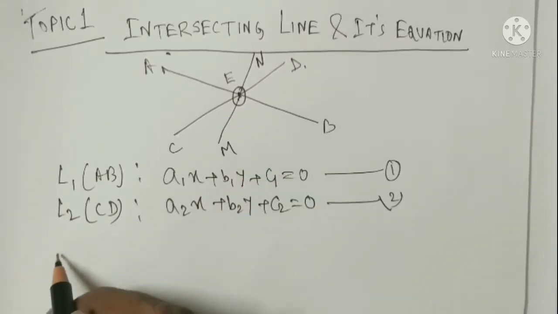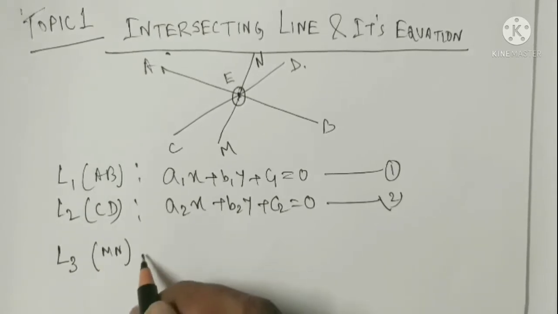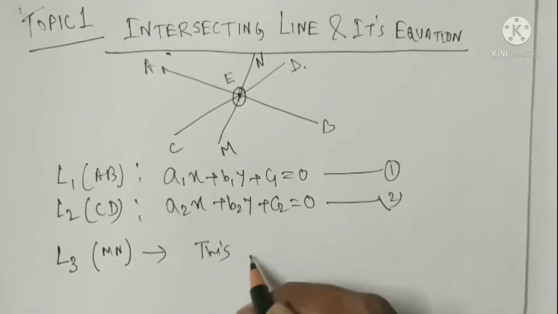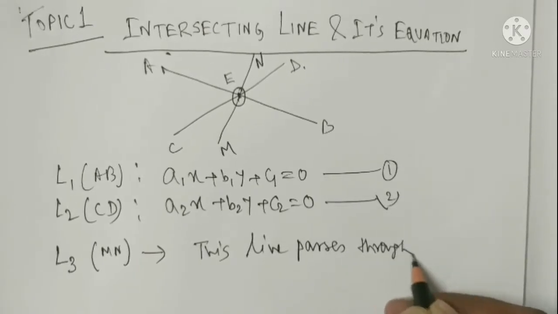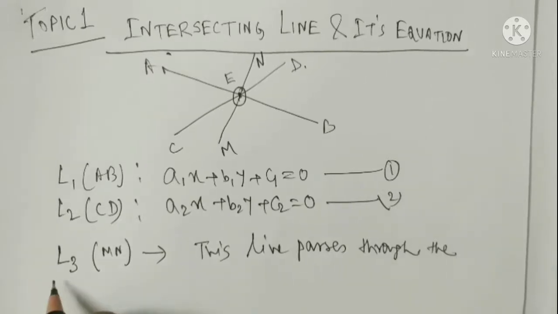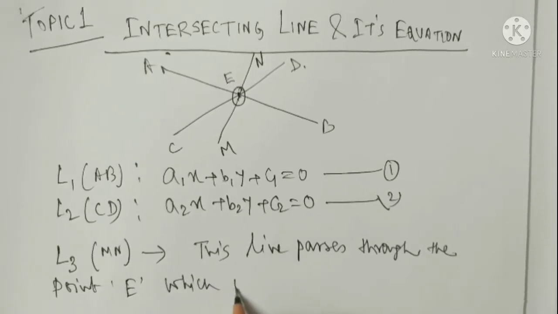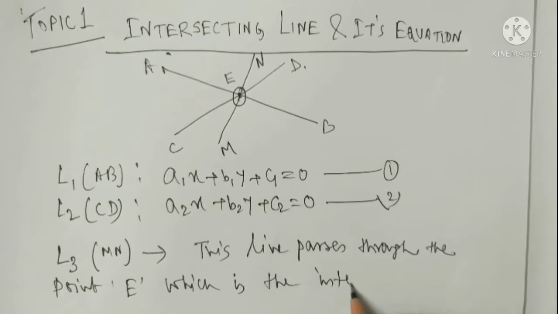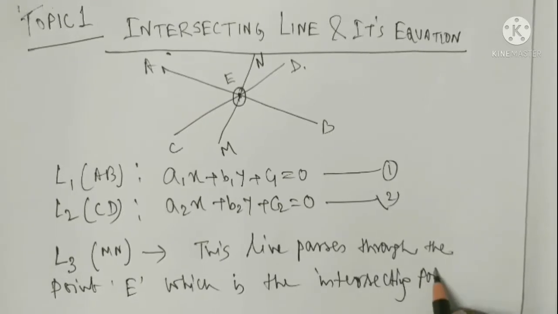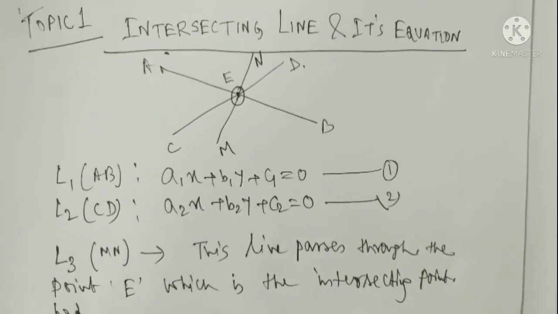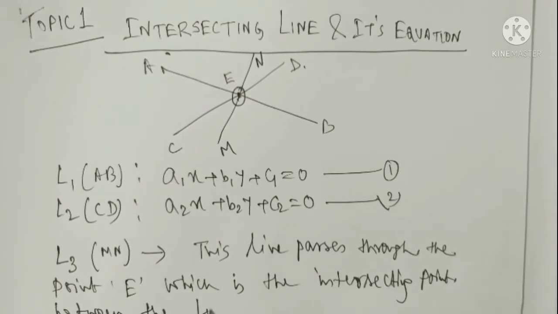And our line, suppose L3 line, which is MN, passes through the point E, which is the intersecting point between the lines AB and CD.